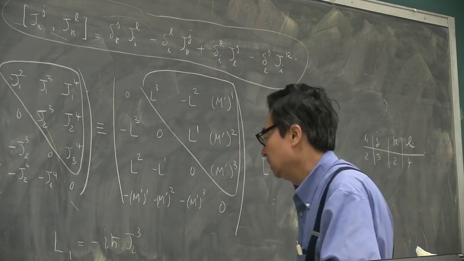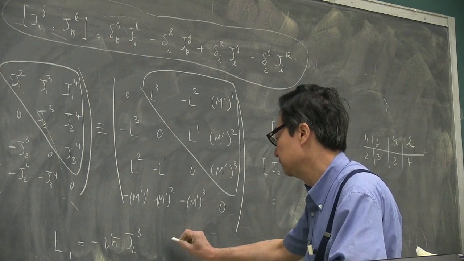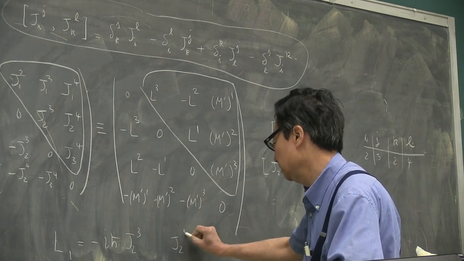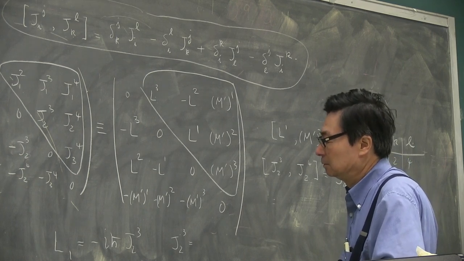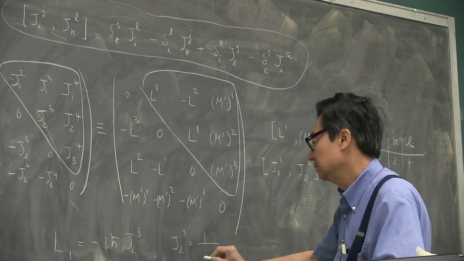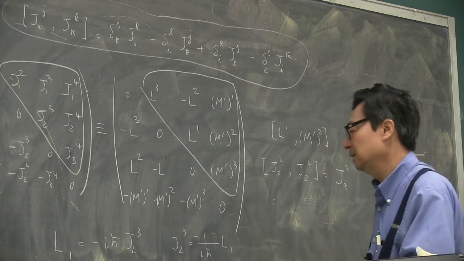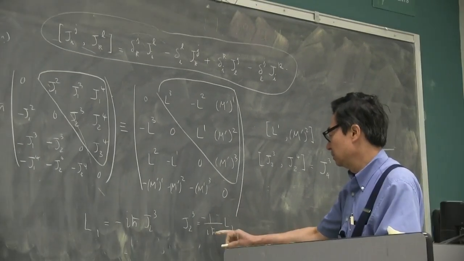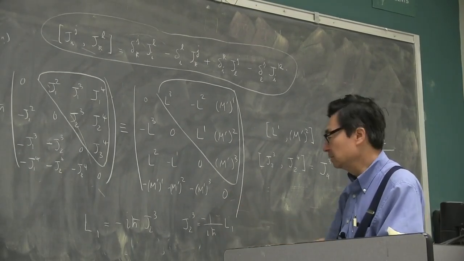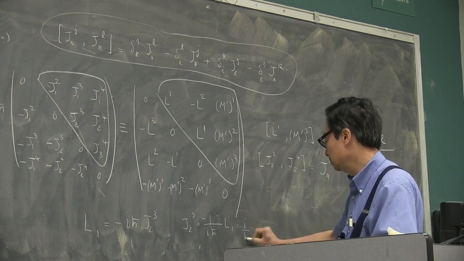And so J23 is equal to 1 over minus IH bar L1. Is that okay? 1 over I is equal to minus I, okay? So minus I is equal to I. So it's I over H bar L1.